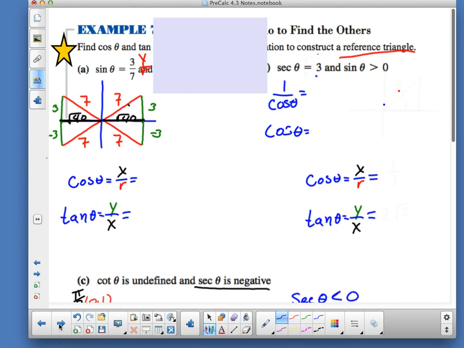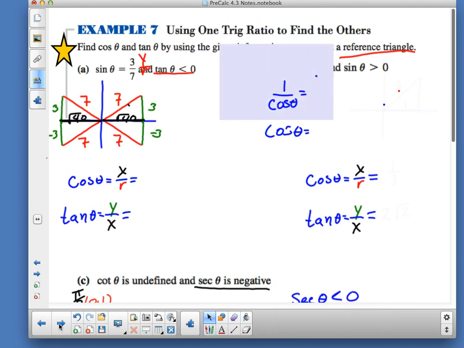Okay, this might be frustrating right now. I've got 4 possible places to work with until I get that the tangent of theta is less than 0. Where's the tangent less than 0?